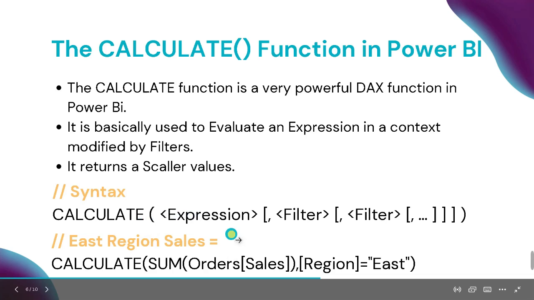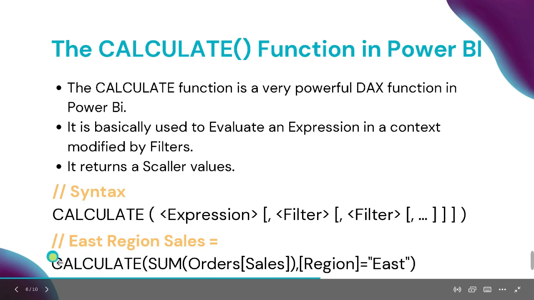So for example, suppose we have a table called Orders, and inside this Orders table we have a column called Sales. If you want to calculate the total sales of this Orders table by applying a filter on region equal to East, it means you want to see the total sales of the Orders table where region equals East, right?